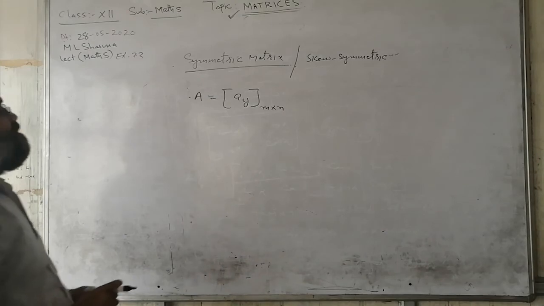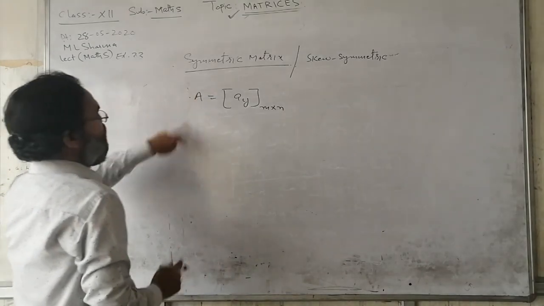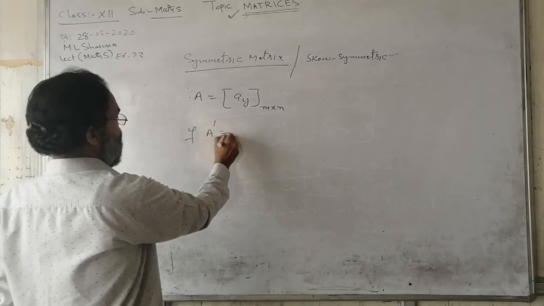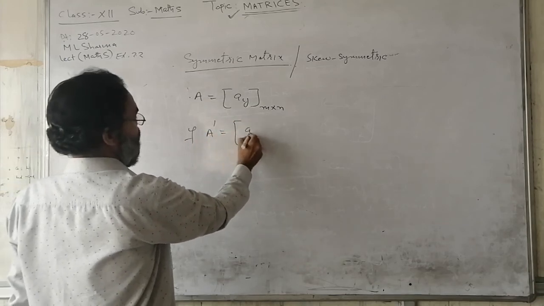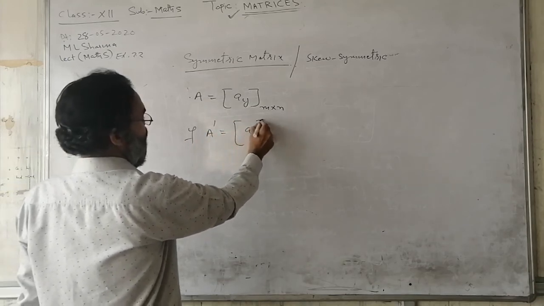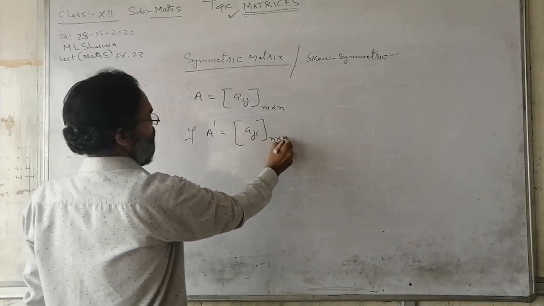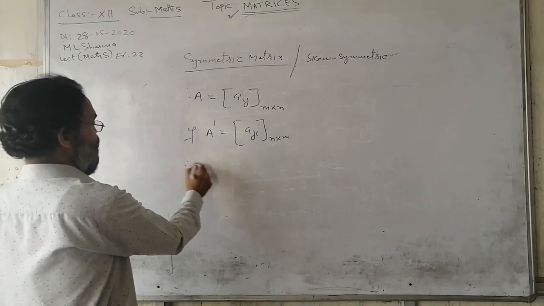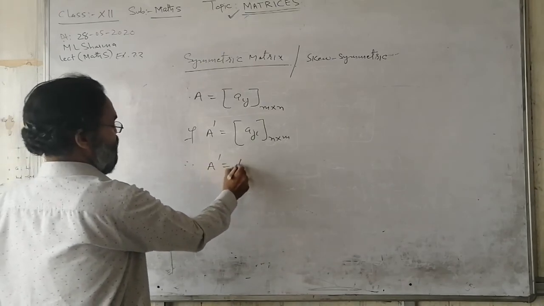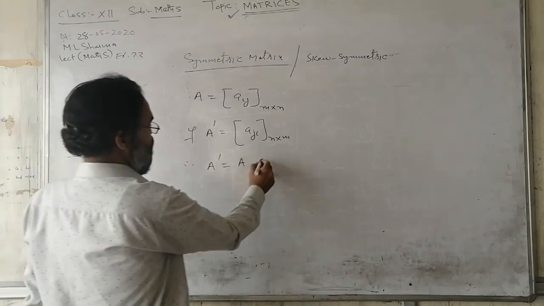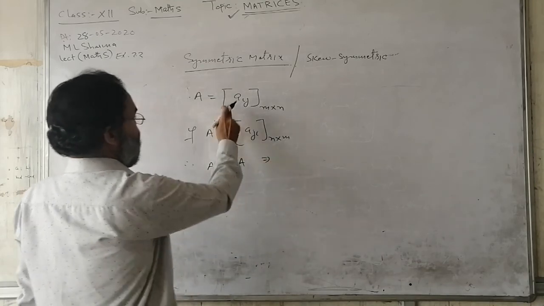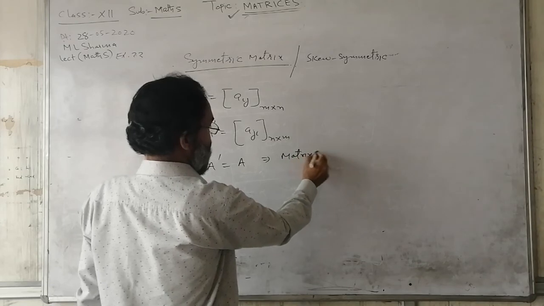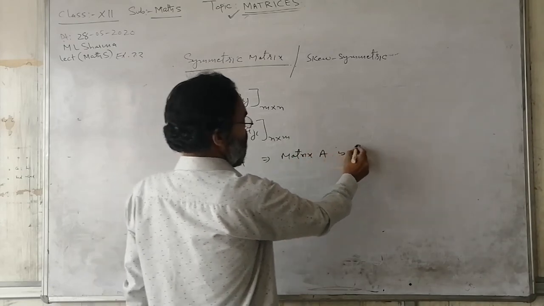If I find A transpose, its order will be reversed, and if A transpose is equal to A, this means this matrix A is symmetric.